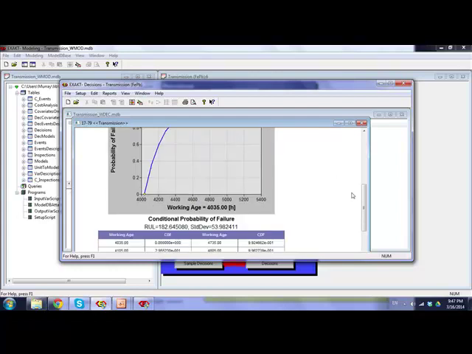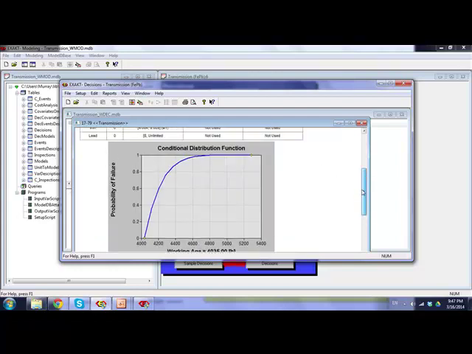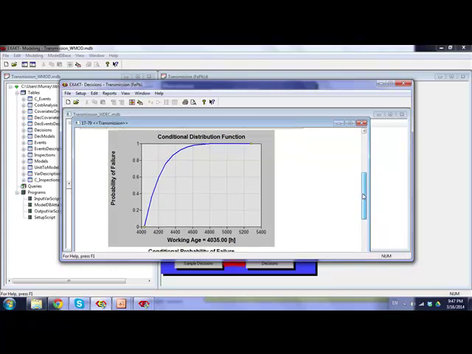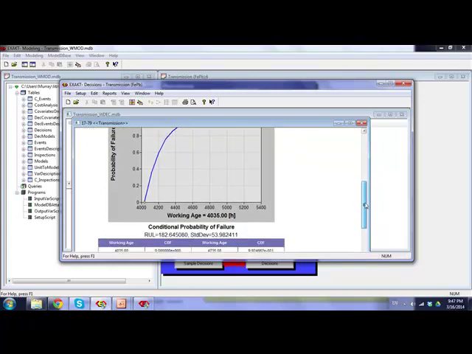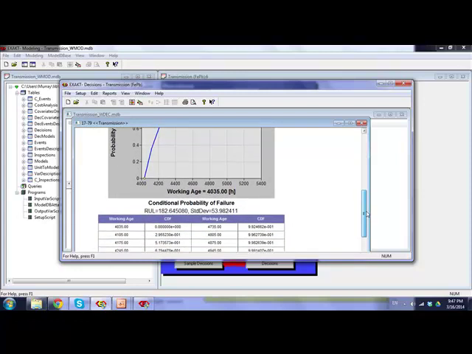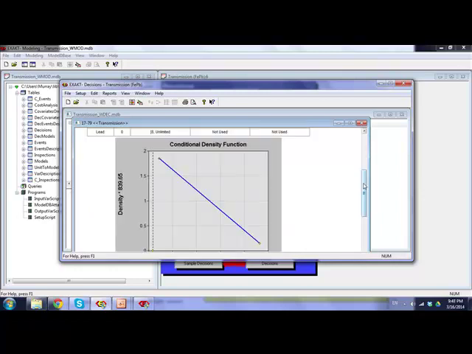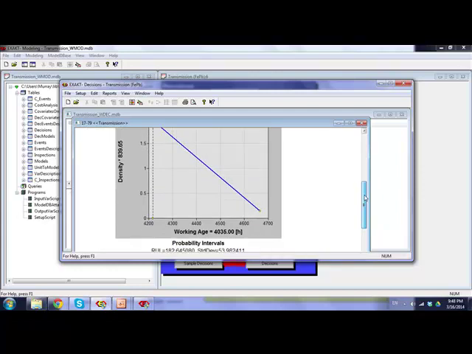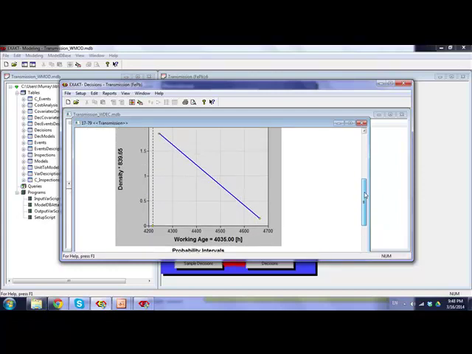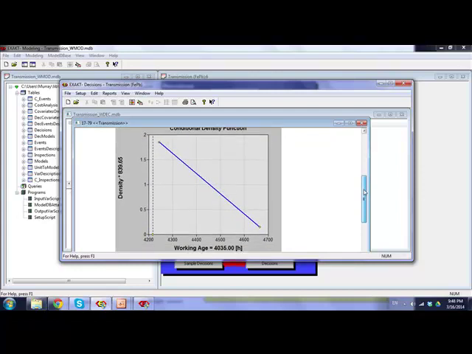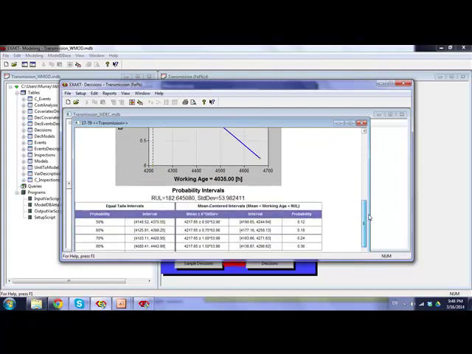The conditional distribution function shows, at the current moment, the rapidity with which failure approaches 100% certainty. The values on the graph are tabulated below the graph. Finally, the condition density graph estimates the remaining useful life. The standard deviation reports the confidence of the estimate.